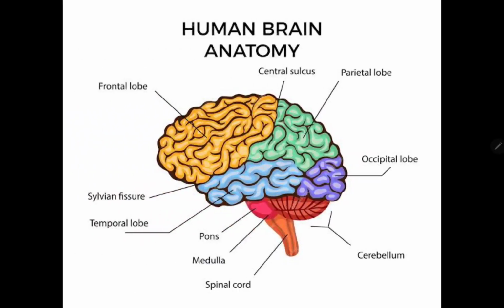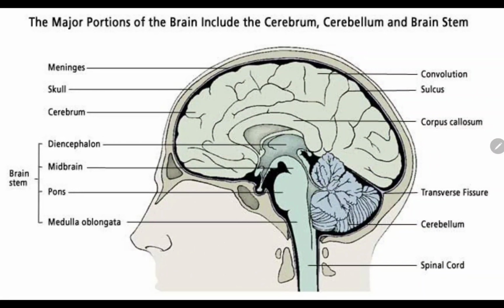Brain is also covered by meninges. What are these meninges? These are nothing but membranes, three protective membranes, which are also called the cranial meninges. They actually prevent your brain from infection or inflammation of the cranial meninges, or meningitis.